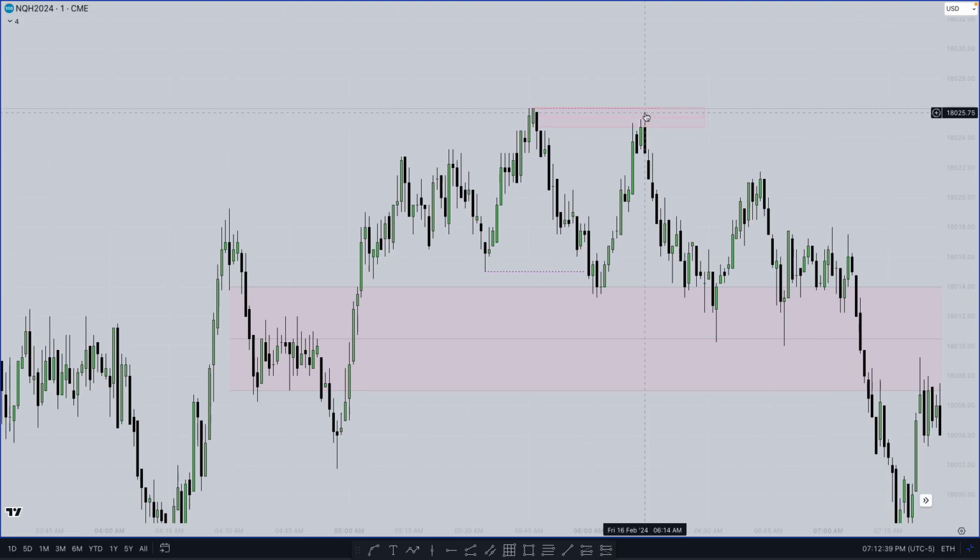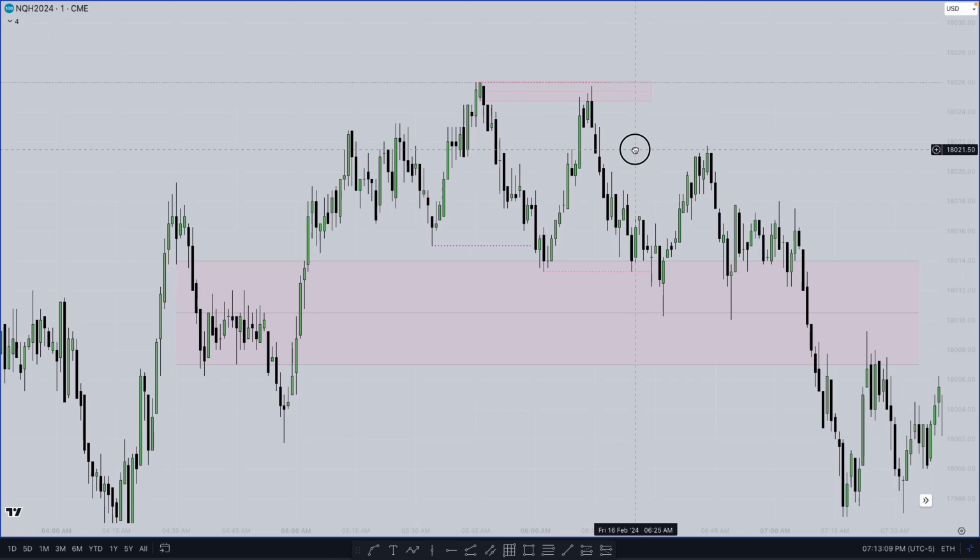Failure. When a swing high or low fails, you can generally target the other side of which it came from. So here you would be targeting either 50%, a super easy target, or you target the actual low which it provided.